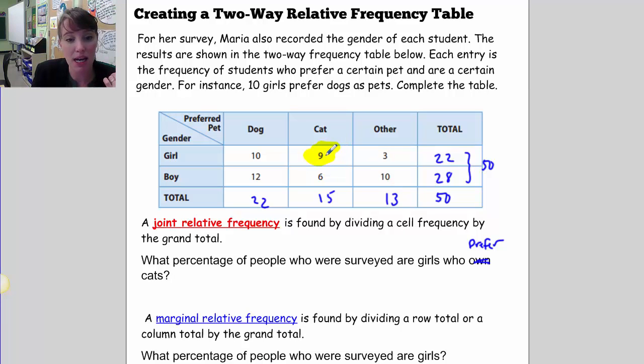Notice that I am looking for the percentage of overall people surveyed who are both girls and prefer cats, so I'm taking 9 and dividing it by 50. 9 divided by 50 is equal to 0.18, or 18%. So 18% of the people surveyed were girls who preferred cats.